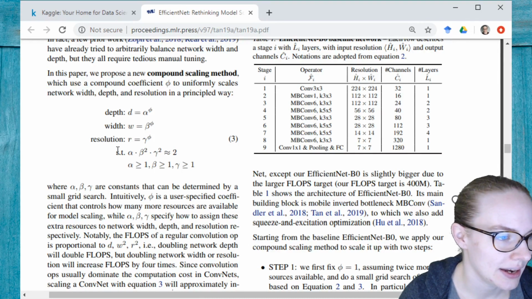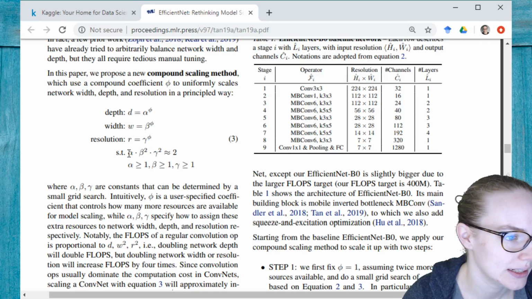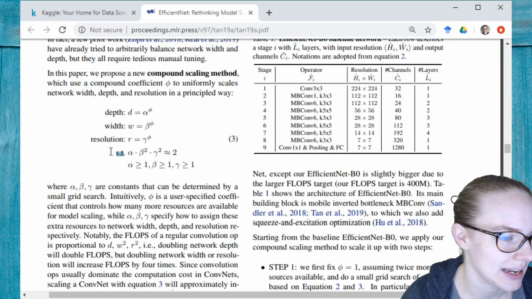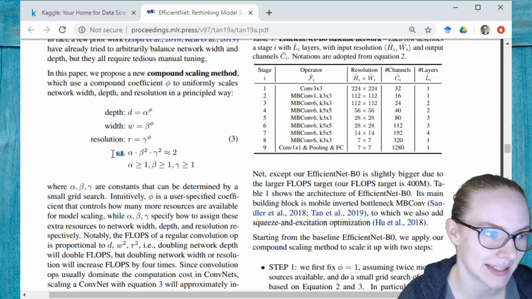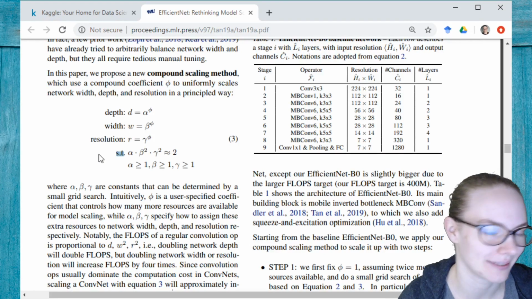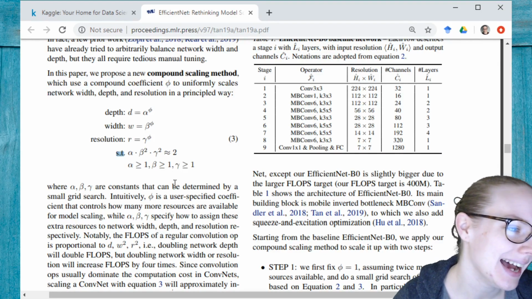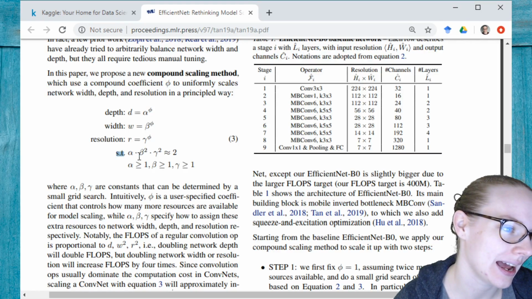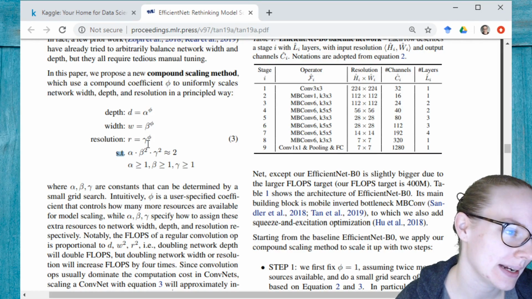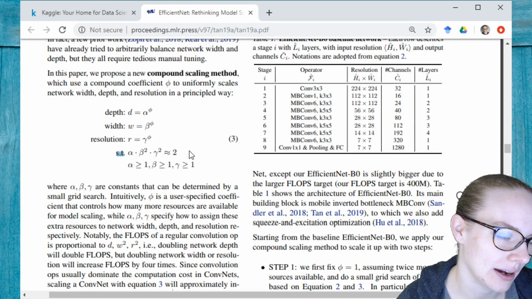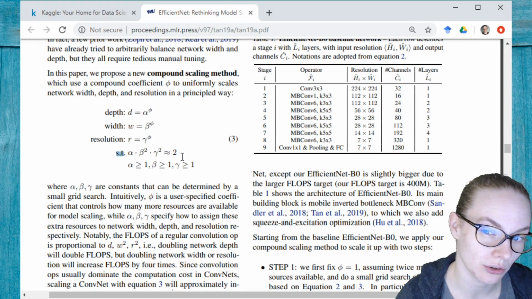And then s.t. I don't know what s.t. means here. If anyone does, please pop in the chat. Alpha times beta squared times gamma squared will be approximately equal to 2.